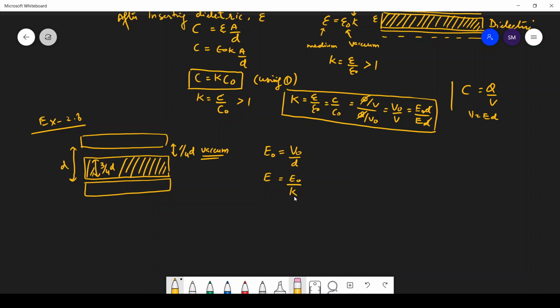Then what will be the potential difference? The potential difference, you know, is equal to E into D. So here you have used the formula V is equal to ED, and here you have used the formula K is equal to E naught by E. And again we are using this formula V is equal to ED.